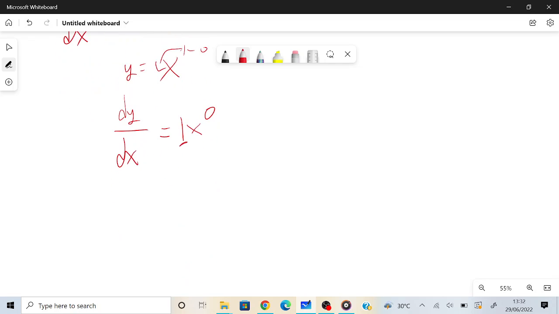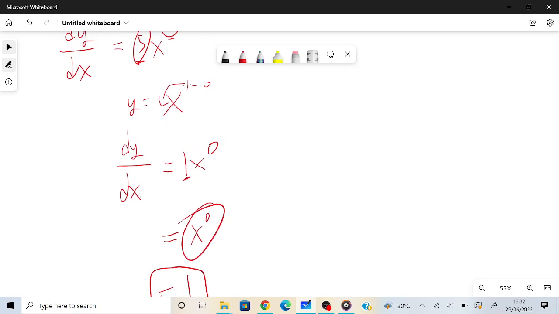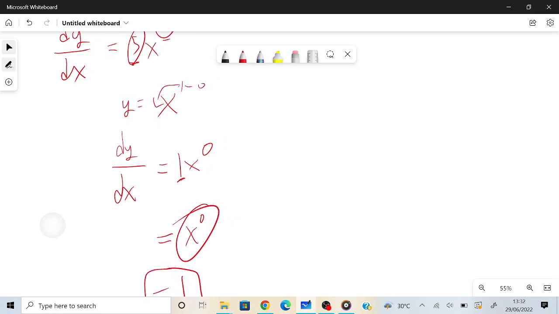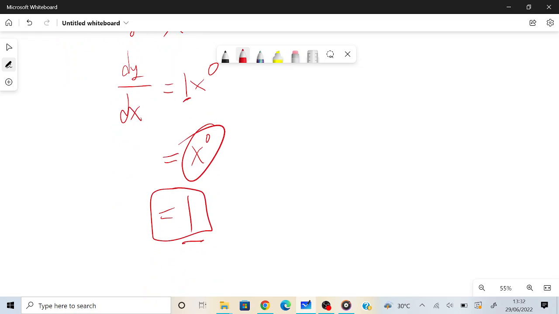When you write 1 here, it means there's no coefficient in front of x, so this is simply x to the power of 0. And from our laws of indices, we know that anything to the power of 0 is 1. So your answer is 1. That gives us a foundation: whenever you differentiate x by itself, you will always get 1.